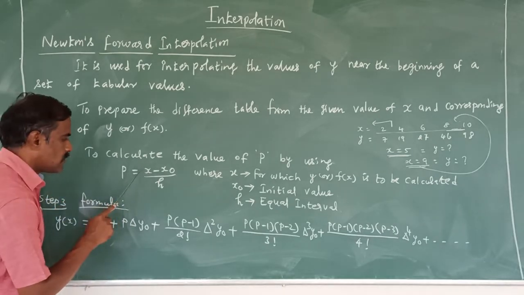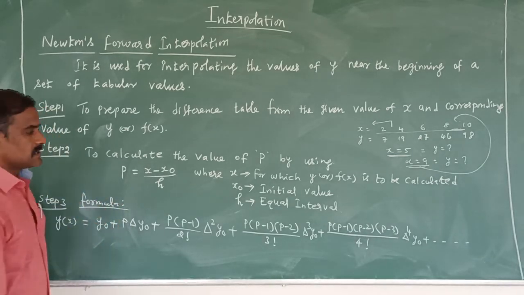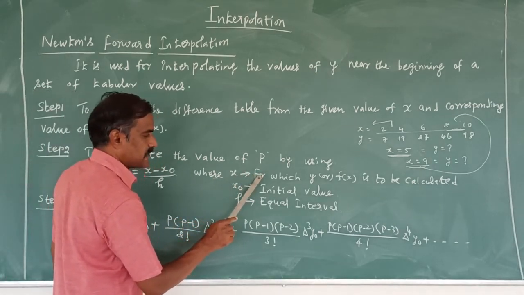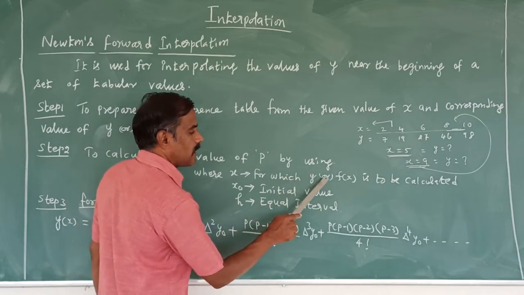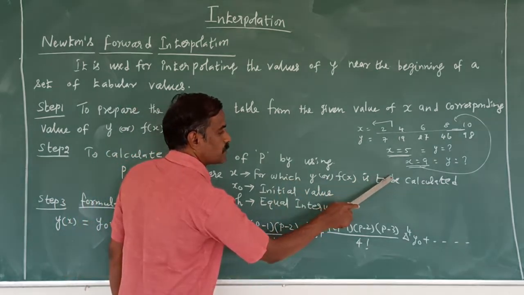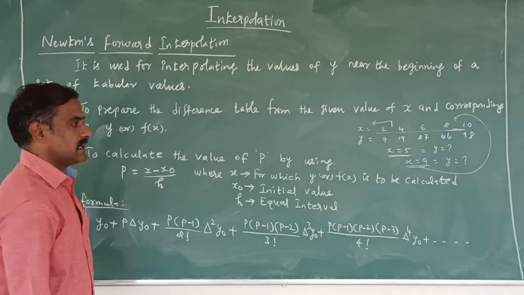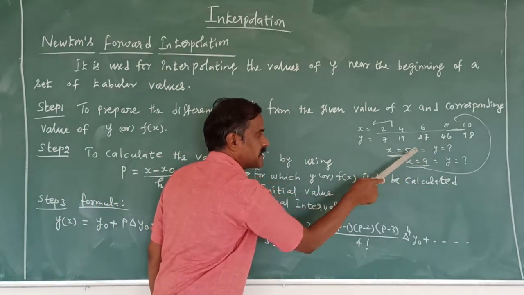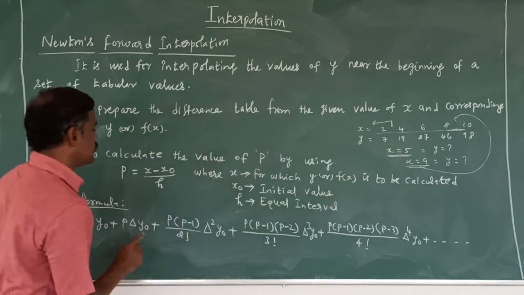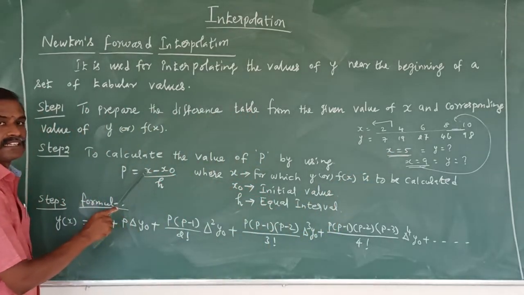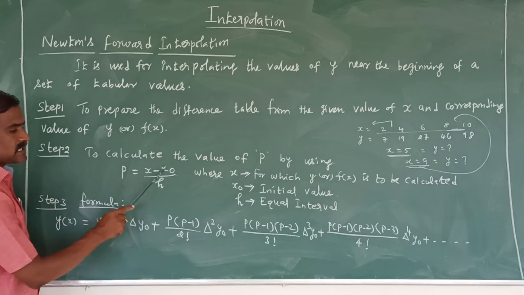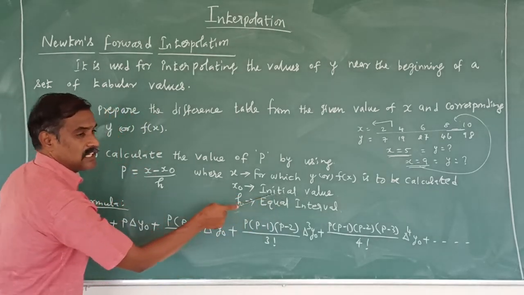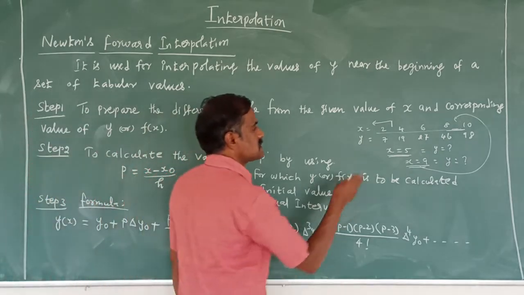What is the value of x? x stands for the value for which y or f of x is to be calculated. Here x is given, to find the corresponding y value. And x naught is the initial value.